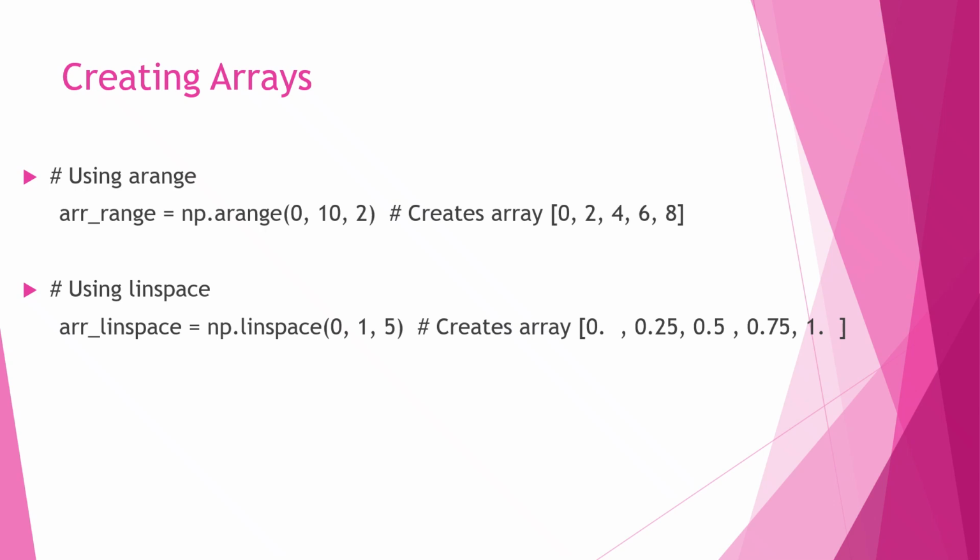So it prints the elements with a difference of 2. And then we also use the linspace function to create an array that represents elements in a linear fashion. So we are printing only 5 elements starting with 0 and going up to 1. We print these elements in a linear space.